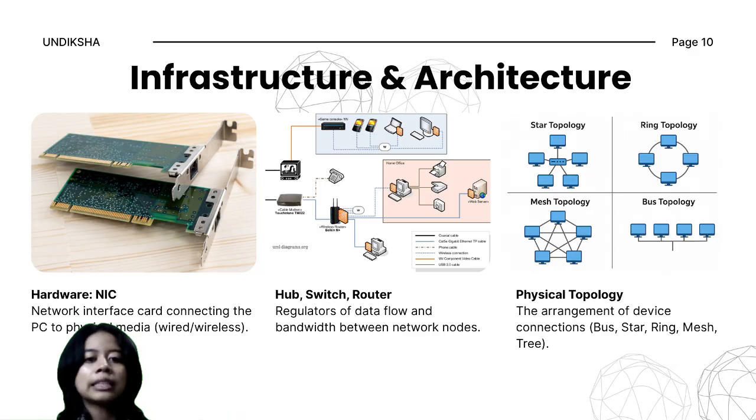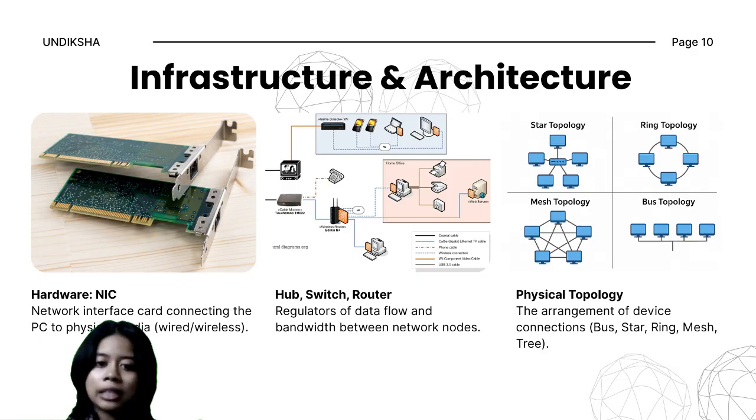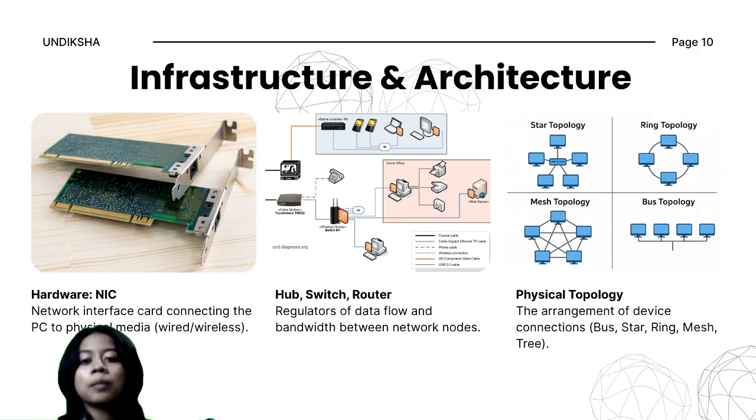Next, we utilize data routing equipment like hubs, switches, and routers. A hub is a basic device that simply relays incoming data signals to all connected endpoints. A switch is a more intelligent evolutionary step, filtering and directing data traffic explicitly to the intended destination node, thereby optimizing local bandwidth.